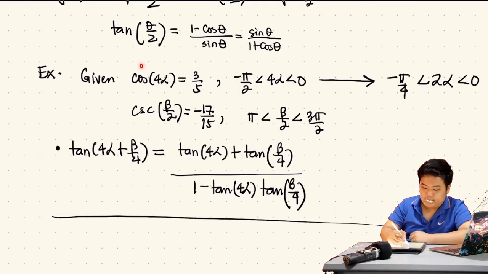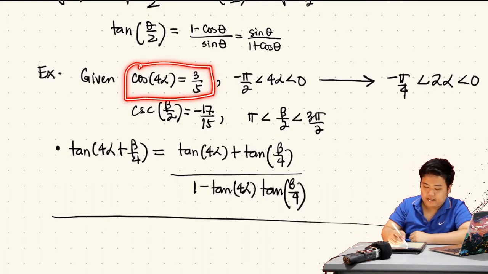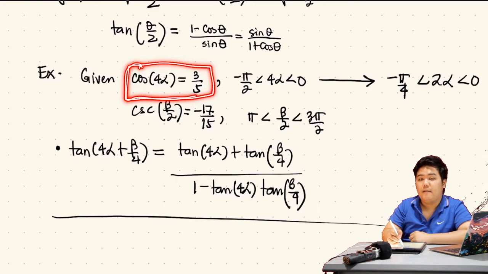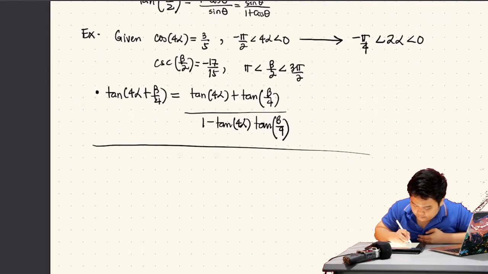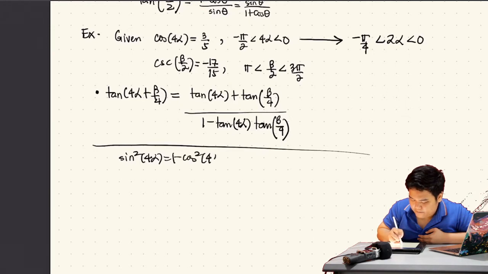Okay, compute natin si tangent 4 alpha. So, kailangan natin ng sine 4 alpha. So, compute natin. So, sine squared 4 alpha is 1 minus cosine squared 4 alpha.